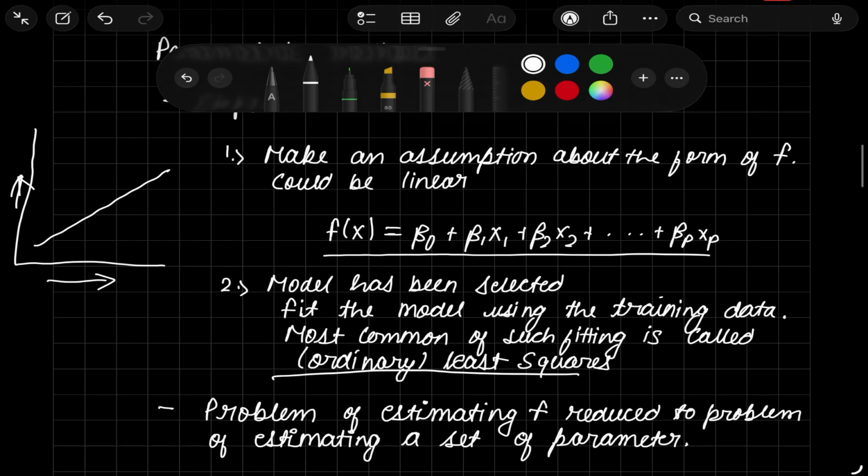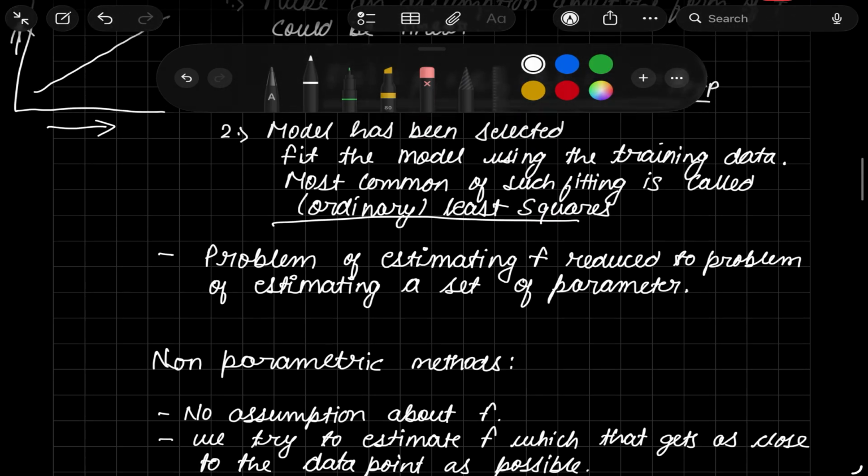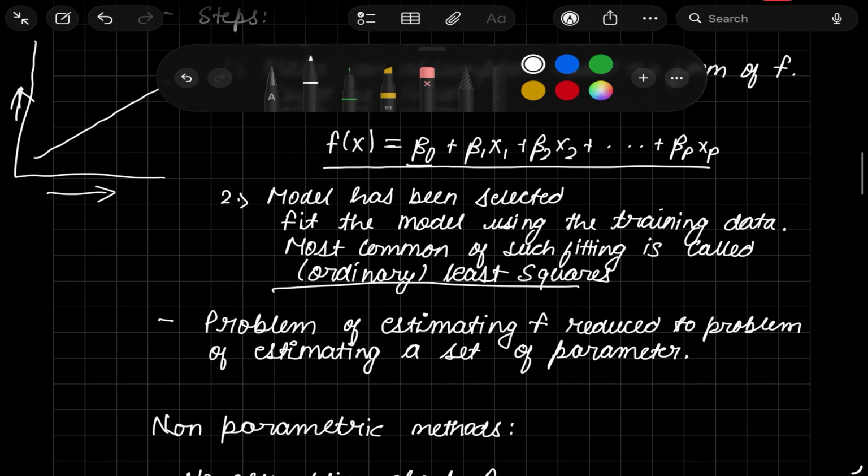Earlier we had to estimate f such that it approximates y, meaning we had to find the relationship to get the sales. Now we just have to find some parameters to find f, which means to find sales.